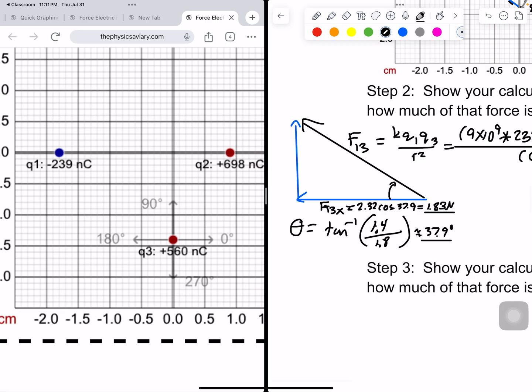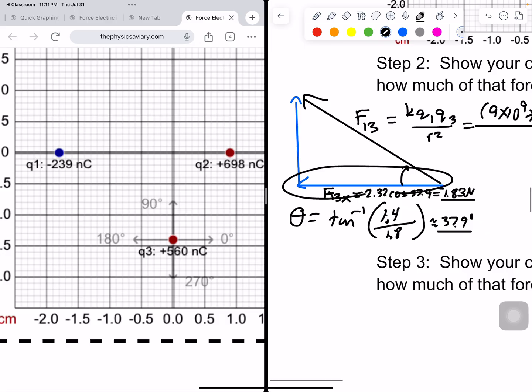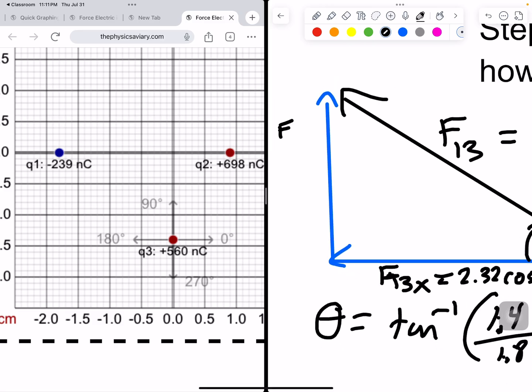And now technically it's going to be negative 1.83 newtons because you can see this vector is going left. So I do have to account for that negative. Now the positive one is going to be F13 in the y direction.